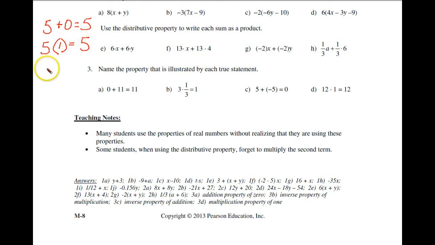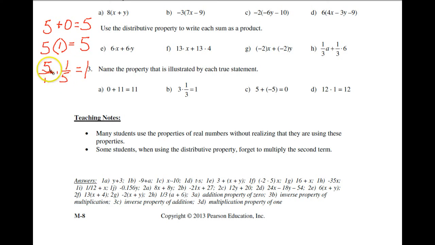Okay, another one too is this inverse. What's the inverse of something? Well, we said that if we had a 5 over 1 and you wanted it to be a 1, the inverse of 5 over 1 is 1 over 5.